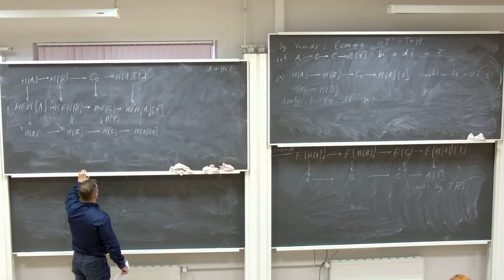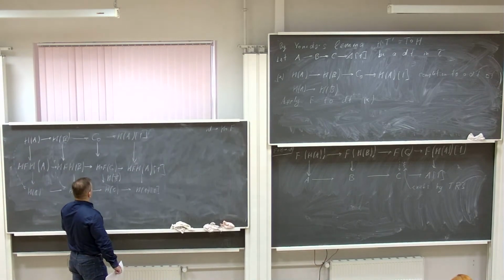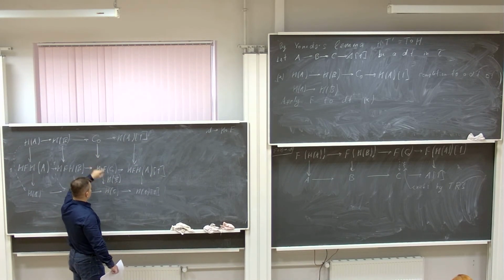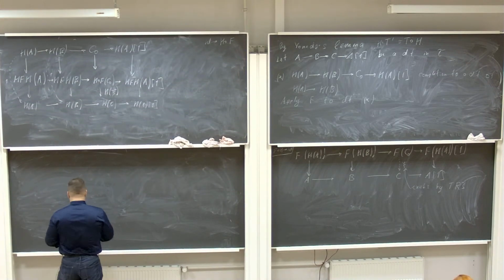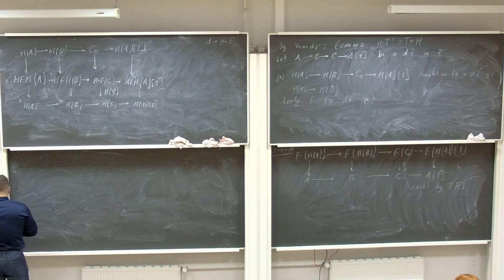Somehow I need to show that the composition of these 2 maps gives me an isomorphism. And this is done by the following step.